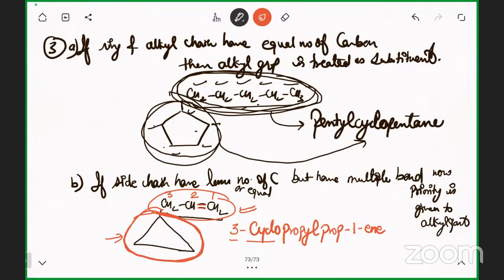And since it contains 3 carbons, I write propyl. I would write propane, but it is in the side chain, so I write propyl. Then 3 carbons are present in the main chain, so prop. Then on the first position we have the double bond, and then ene. So now did you get my point or not?